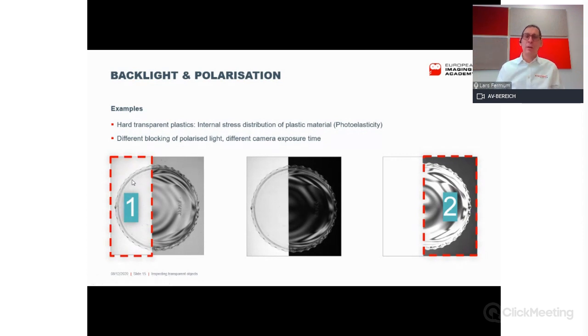Depending on the rotation of the second polarization filter and the appropriate exposure time, the images look different. In the image strip on the far right, I think that was the best setup I could achieve.